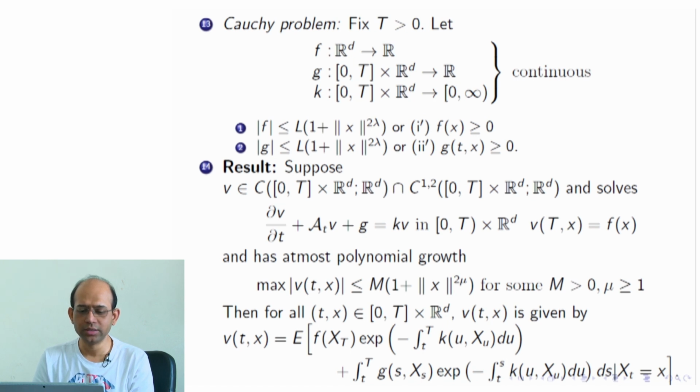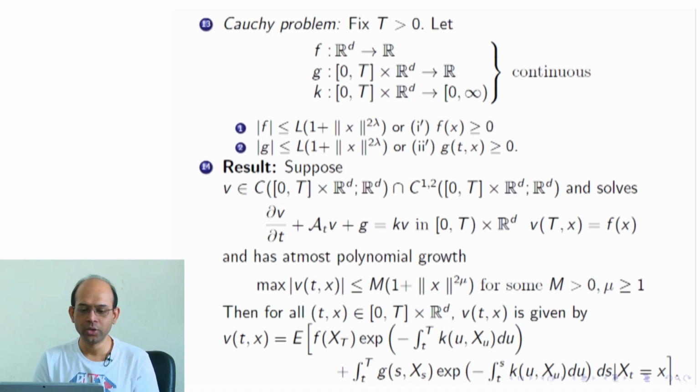So v is a continuous function, once continuously differentiable in time and twice continuously differentiable in space, and solves ∂v/∂t + A_t v + g = k v. I am not writing the details, like g being a function of t, x, and k of t, x, v of t, x, but that is understood. This holds in the domain [0, T) × R^d, and at the terminal time v(T, x) is equal to f(x), and this has at most polynomial growth.